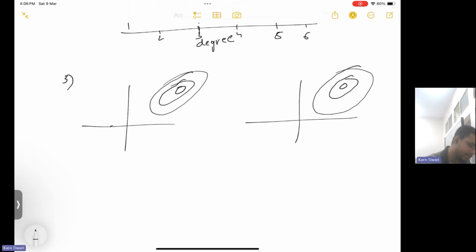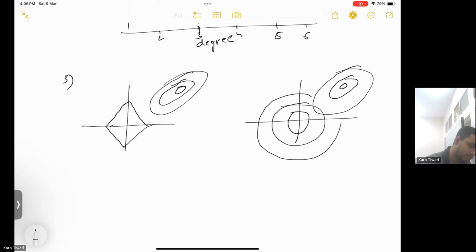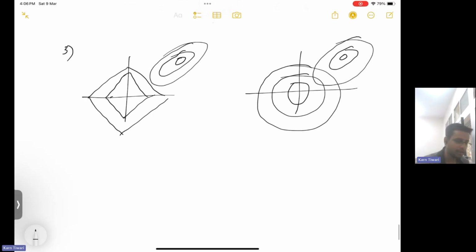And this is the regularization they have taken. They are asking which kind of regularization is this in figure A, and what type of regularization is present in figure B.